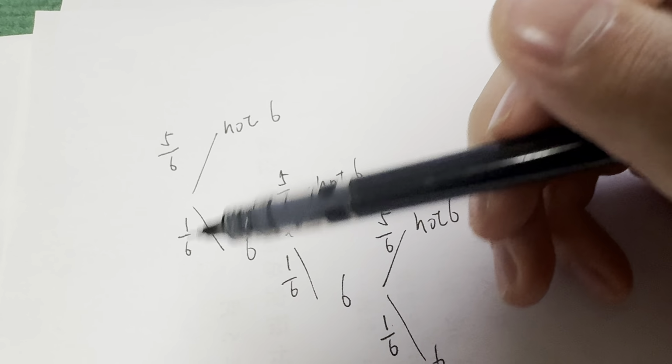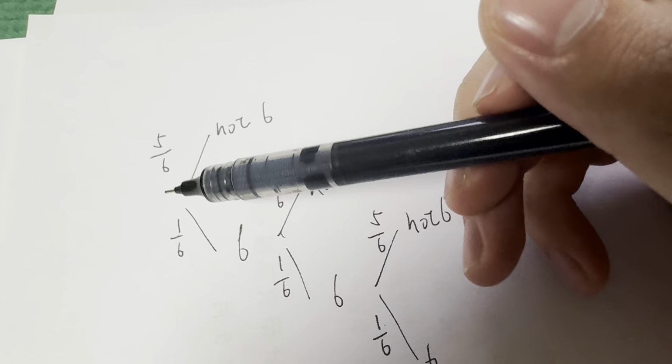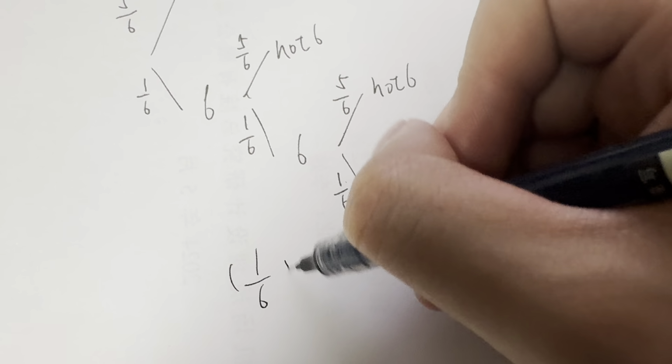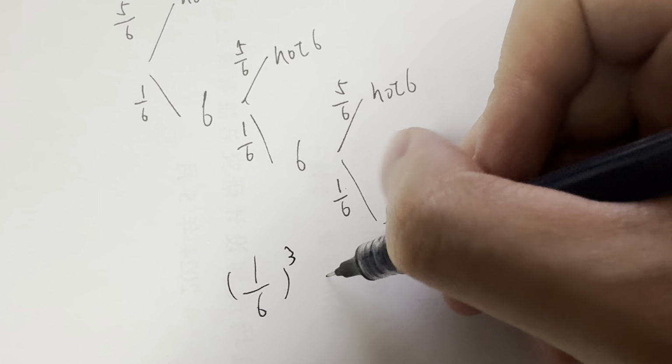So we have 1/6 that we get 6, then we roll again and still only have 1/6 of getting 6, then continue. So the probability of getting 6 three times is the cube of 1/6.